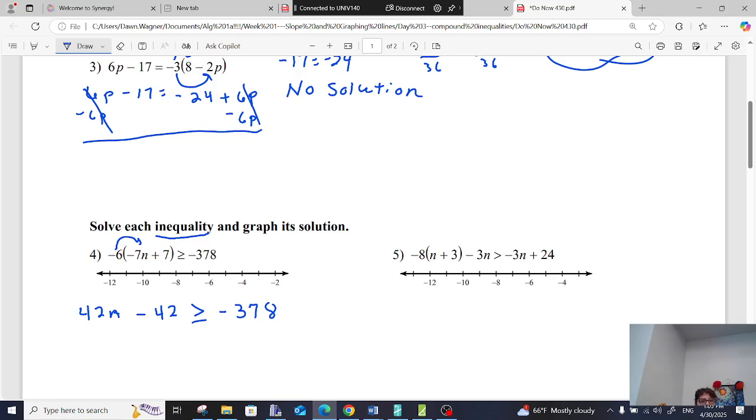No. And if I have greater than or equal to or less than or equal to, it is a closed circle because I'm including that number because of or equal to. However, if there is no mark under there, then I'm not including the number that I end up solving for. So it is an open circle. This one does not get included in the answer set, right? Make sense?